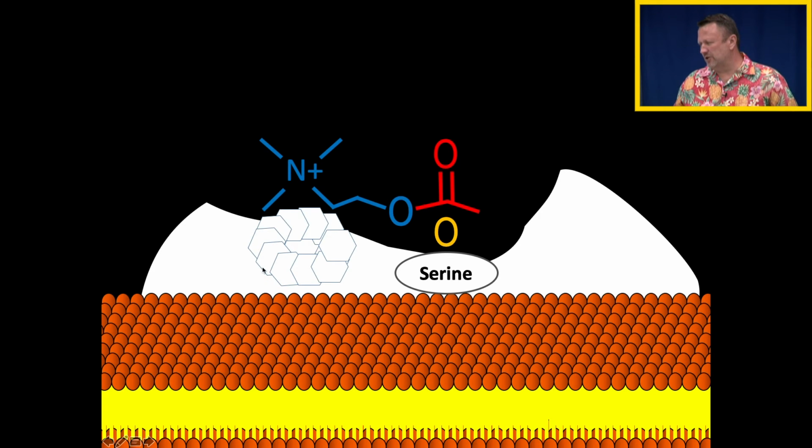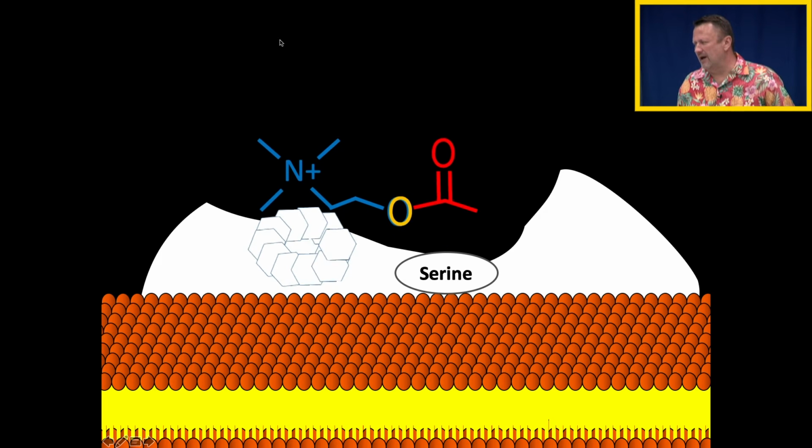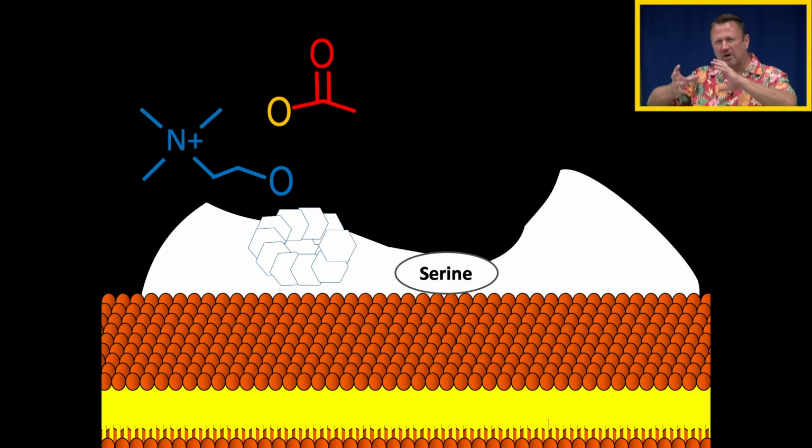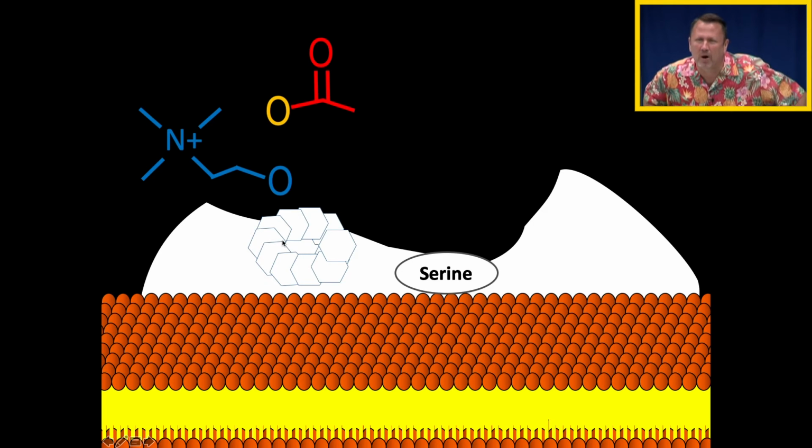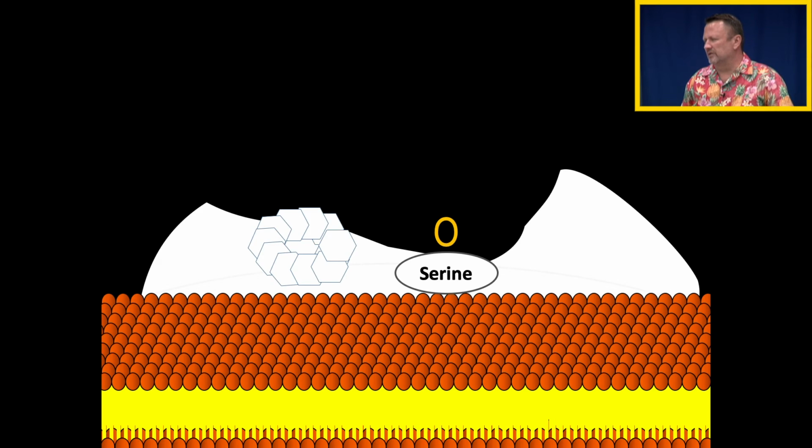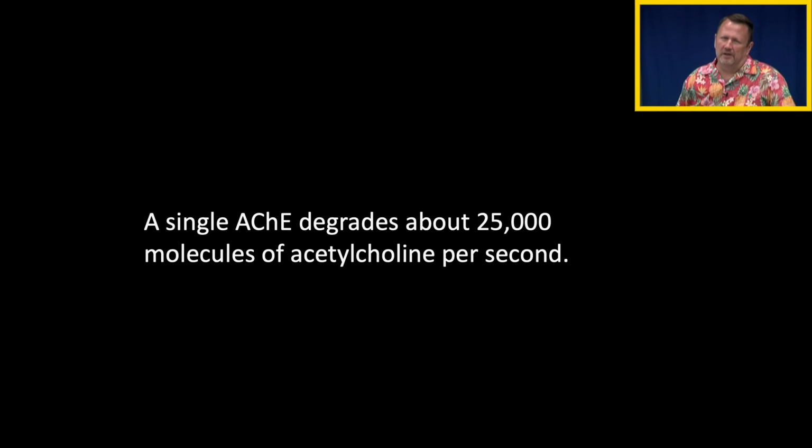It has a negative charge in this ball to attract the nitrogen, and then as soon as it's broken apart, there's a conformational shift, a change in the shape of the protein that causes this bowl to become slightly positively charged and push that quaternary nitrogen away. And this can happen over and over and over again. A single acetylcholinesterase protein can break down 25,000 molecules of acetylcholine every second, and that's just one acetylcholinesterase.